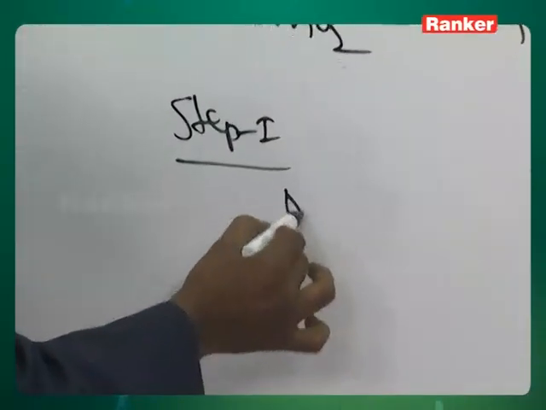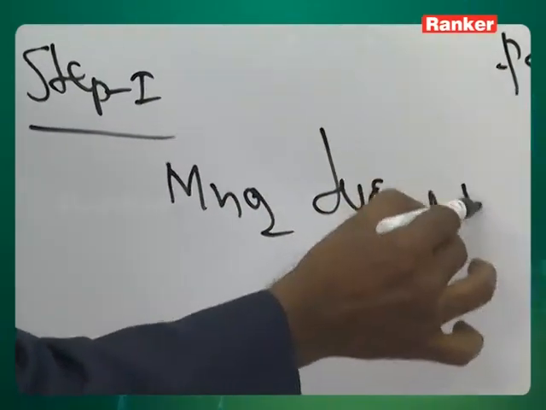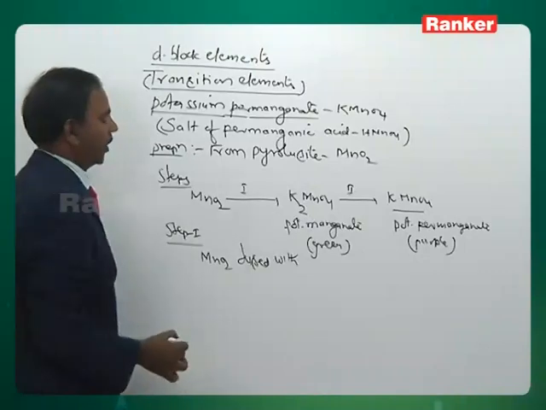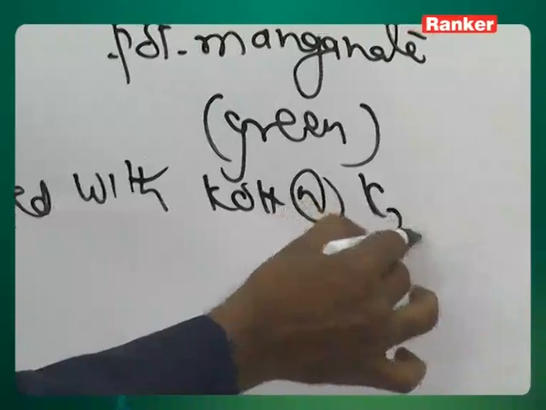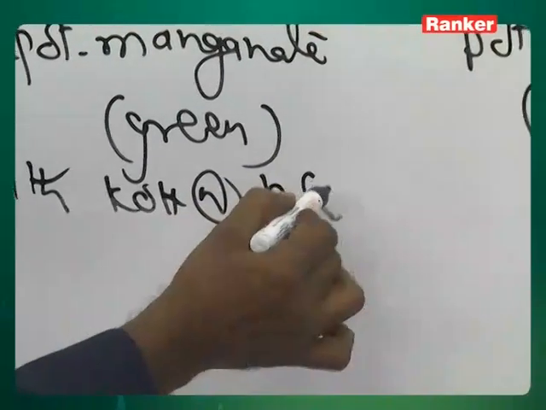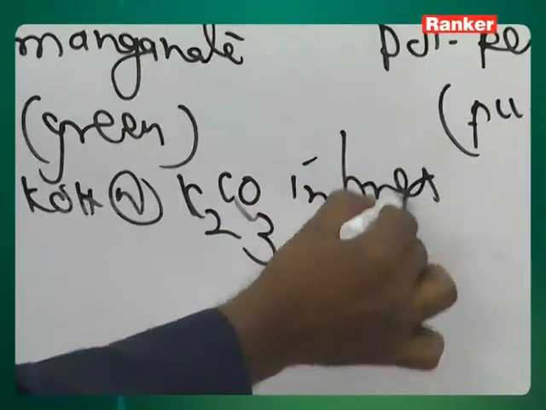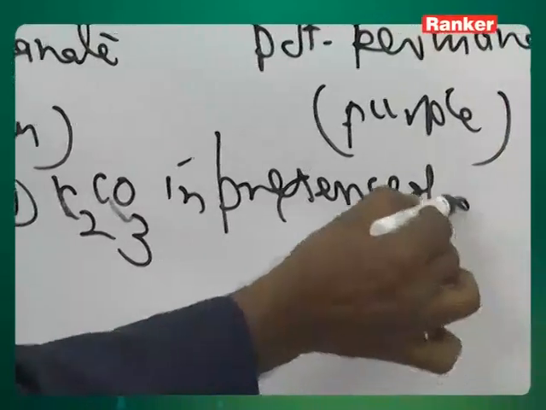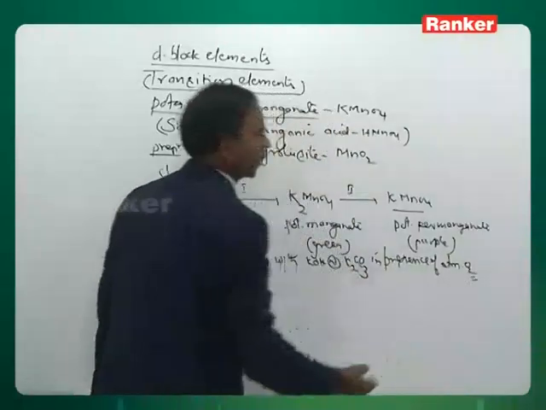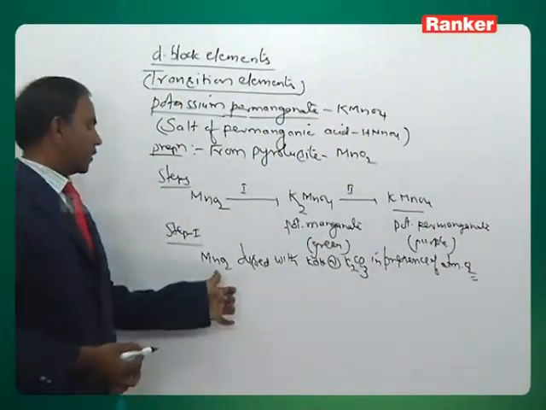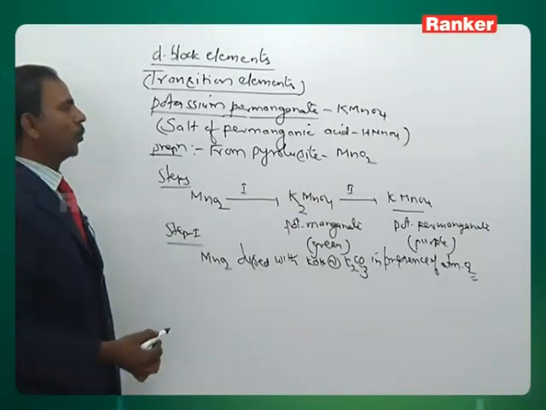Pyrolusite MnO2 is fused with KOH or potassium carbonate in presence of atmospheric oxygen. First potassium manganate is produced and then potassium manganate is oxidized to potassium permanganate.